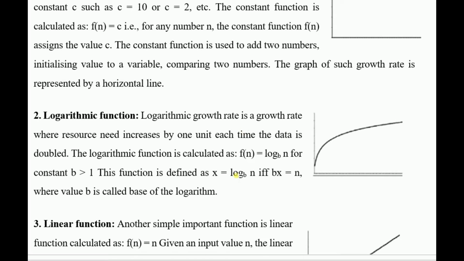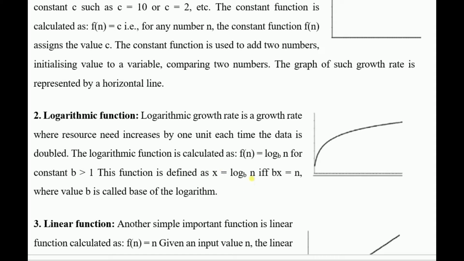It is calculated as f(n) = log n, and we will take one base. That means the base must be a constant greater than 1. This function is defined as x = log n to the base b, if and only if b^x = n.